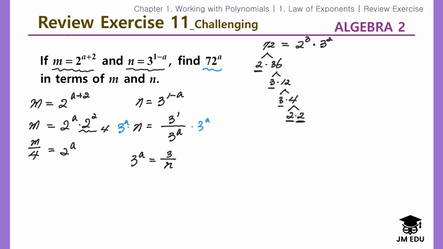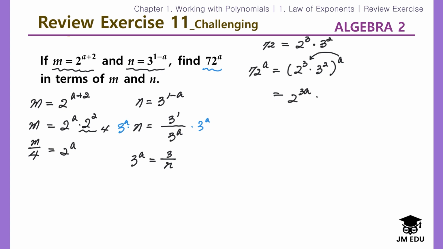So let me erase this. And let's simplify 72 to the power of a. That's 72 is 2 cubed 3 squared, and we have a power a, and we're going to distribute it. 3 times a, that's 2 to the 3a times 3 to the power of 2a.